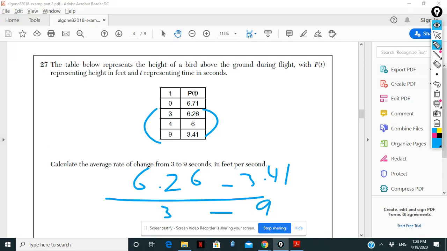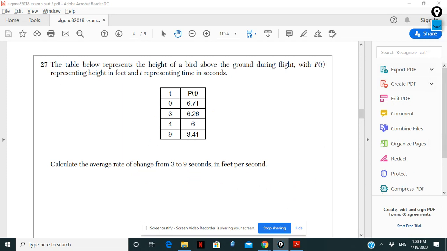Doing that calculation, that's divided by 6. I divide 2.85 by 6, so it's coming up to -0.417. Feet per second, so it's a negative value.